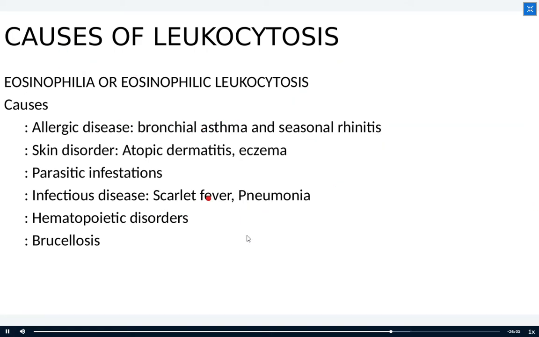Then we also have your scarlet fever and pneumonia, hematopoietic disorders, and brucellosis. So, brucellosis class, if naalala nyo, sa neutrophils, sa neutropenia siya. But in eosinophils naman, brucellosis can be found with an increased eosinophil.